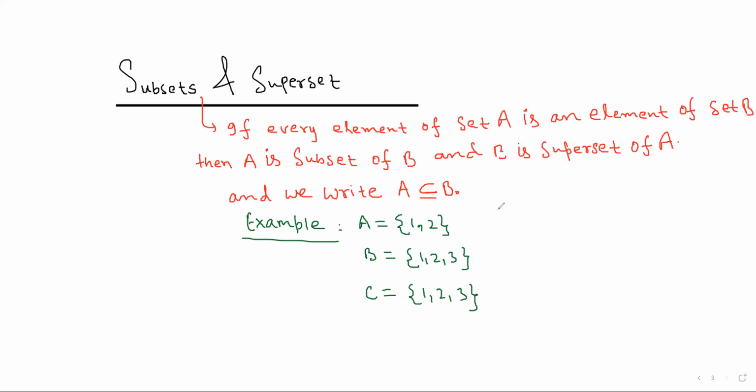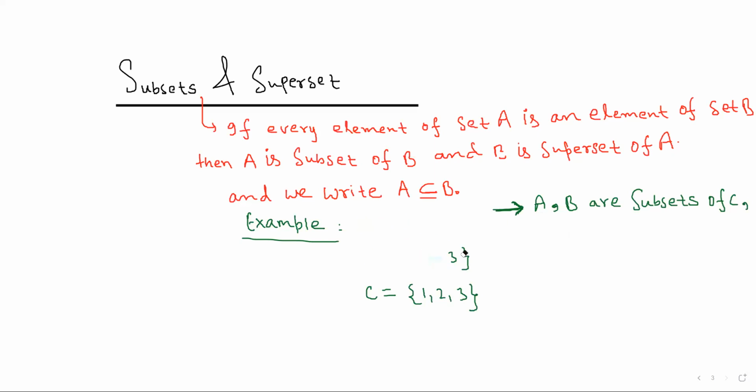First statement is that A and B are subsets of C. Just wait one minute, some mistake here.